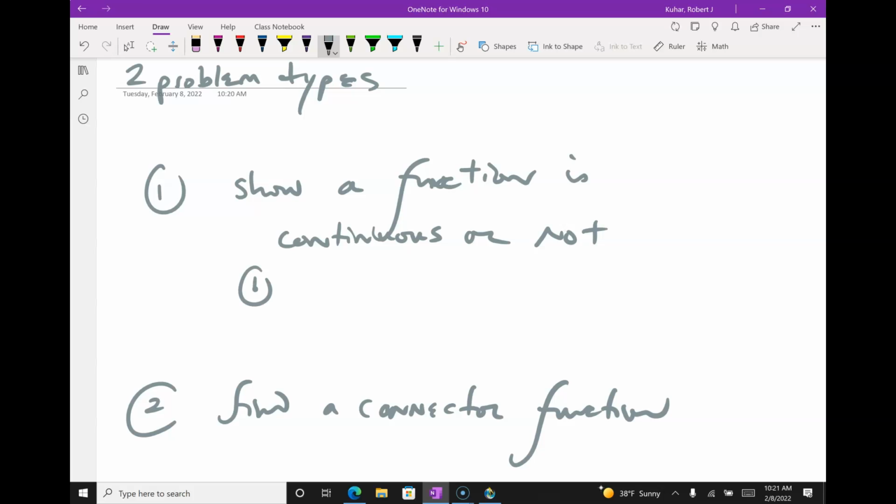Step one, f of c exists, and it's a number. Step two, find the limit as x goes to c of f of x.